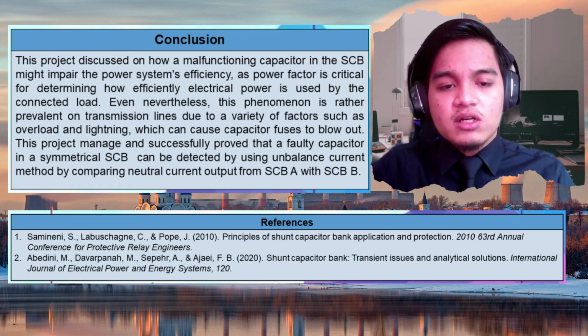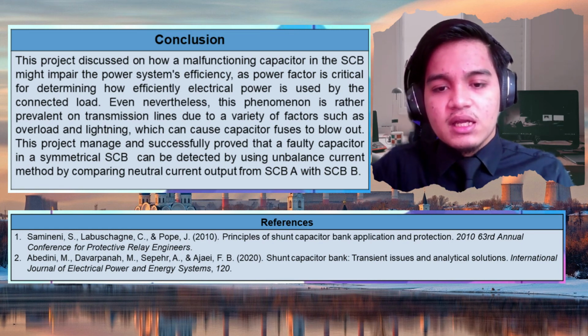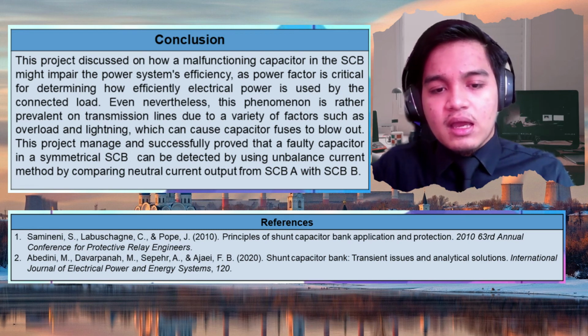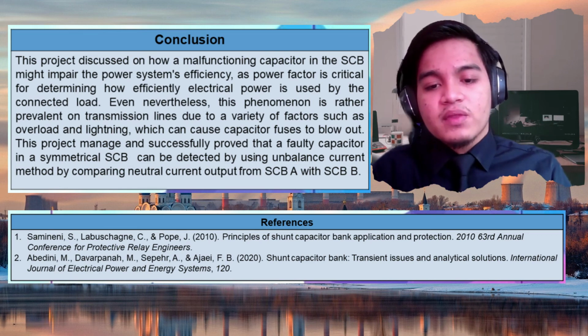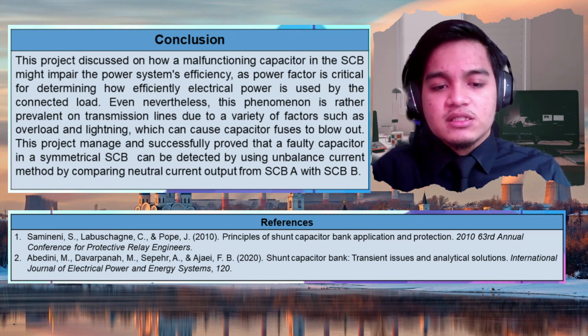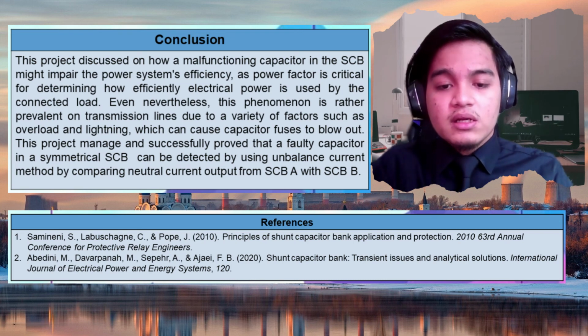Because I diff equals IA minus IB, when I diff is positive, it indicates that SCB A has one or more broken capacitors, and when I diff is negative, it indicates that SCB B has one or more damaged capacitors. However, there are some issues that must be addressed in subsequent work on this inquiry. These issues are discussed in chapter 4.